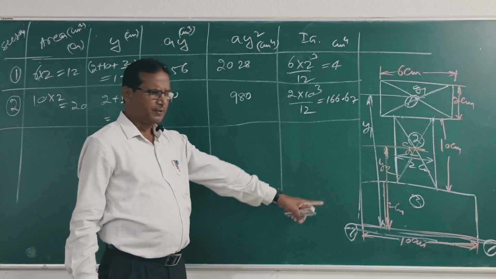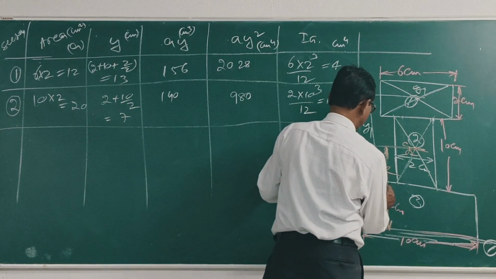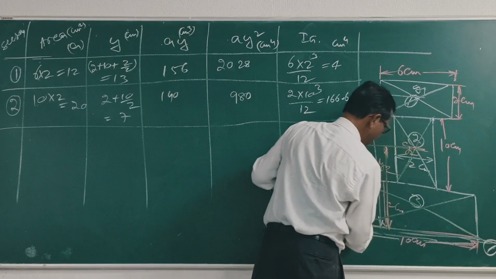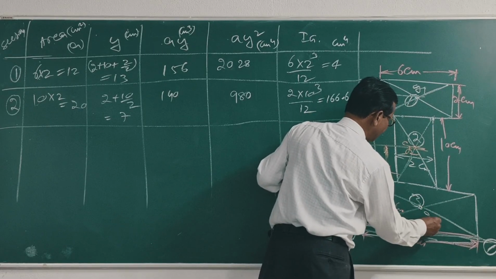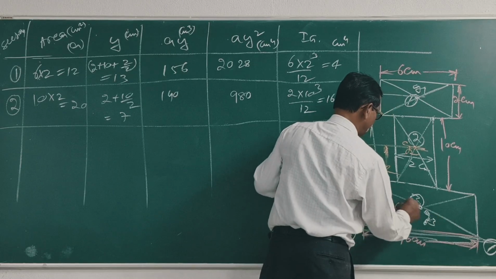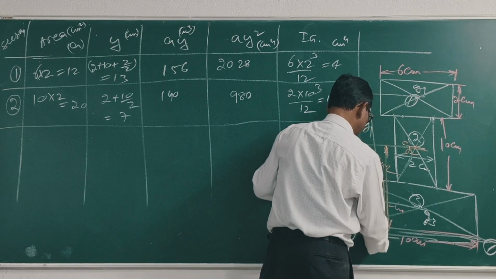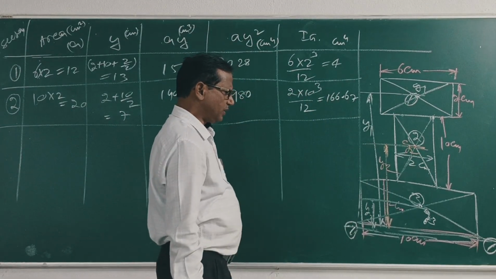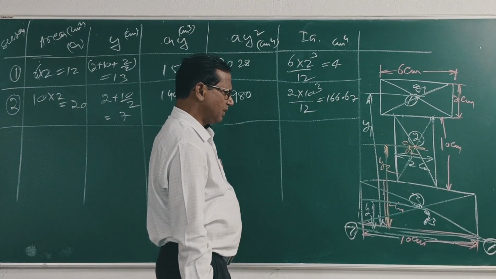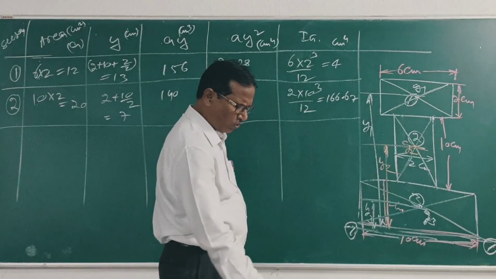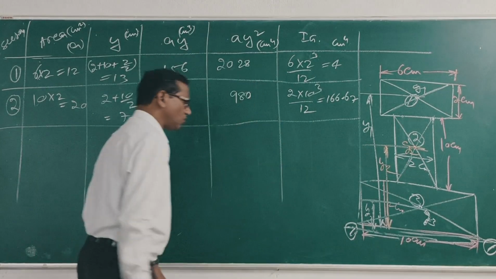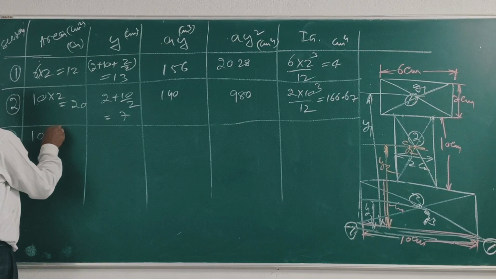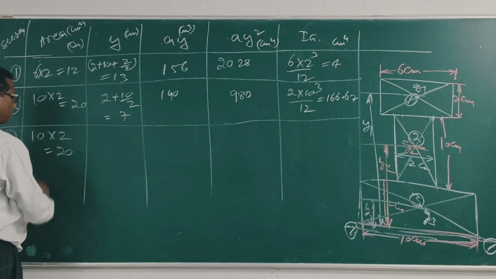Section 3. This is G3. This is Y3. G3, Y3. What is area? b into d, 10 into 2. Area is equal to 10 into 2, 20 cm square.